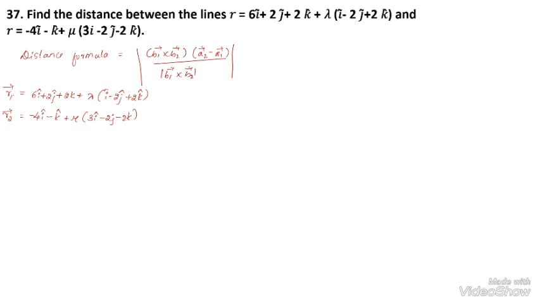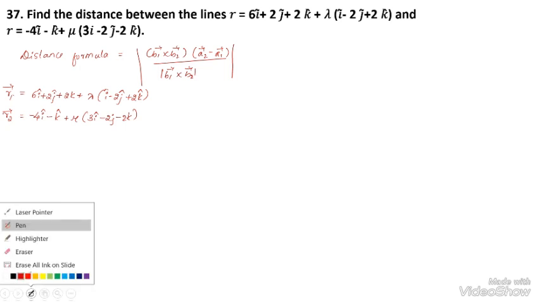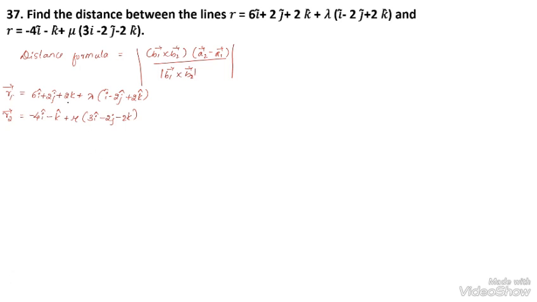Now I can take the values here. First, this one is of the form vector a1 plus lambda into b1. Similarly, I can take here vector a2 plus mu into vector b2.